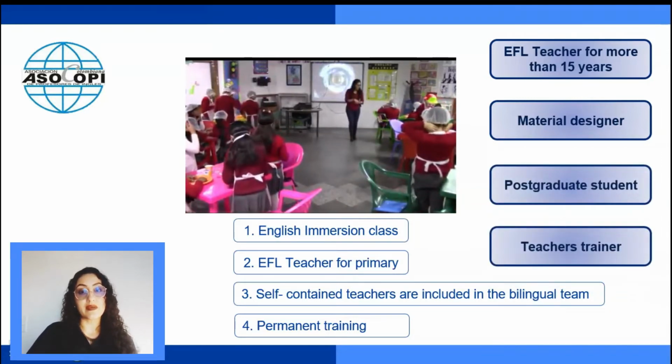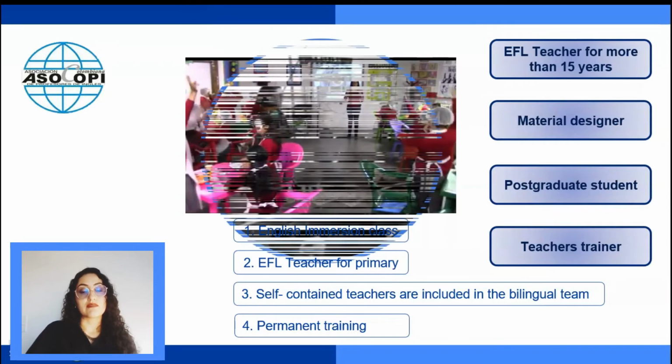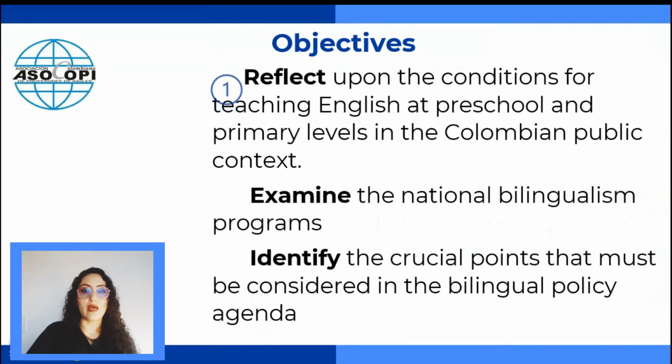So, having in mind this background, the objectives that I have established for this lecture are the following. Number one, reflect upon the conditions for teaching English in preschool and primary in the Colombian public context. Number two, examine the national bilingualism programs and highlight those important facts for preschool and primary. And finally, identify the crucial points that must be considered in the bilingual policy agenda.